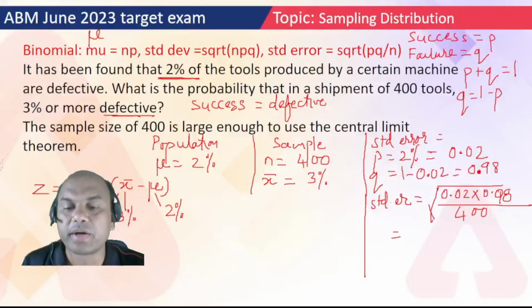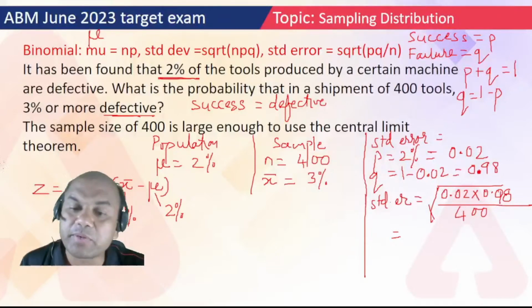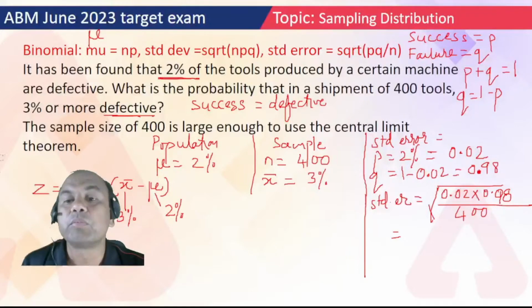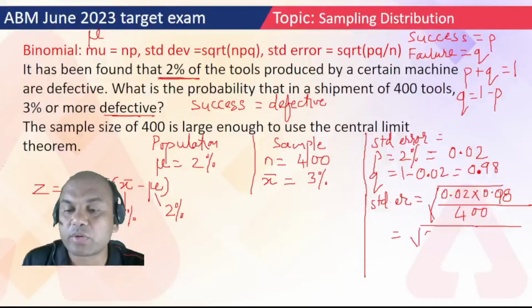Find the square root now. So it is 0.007, not 7. So my standard error is 0.007. Is everyone getting this? Type yes in the comment section if you are getting this.